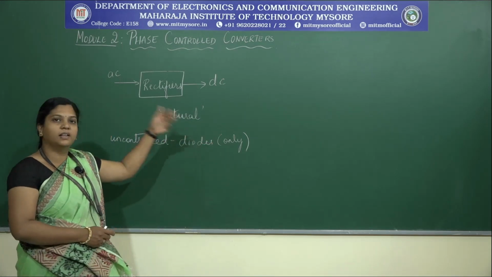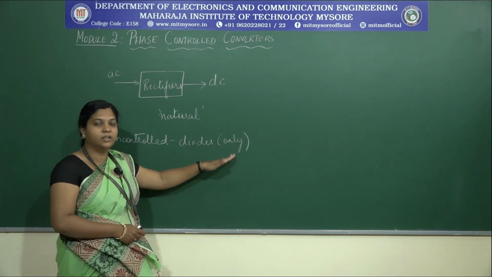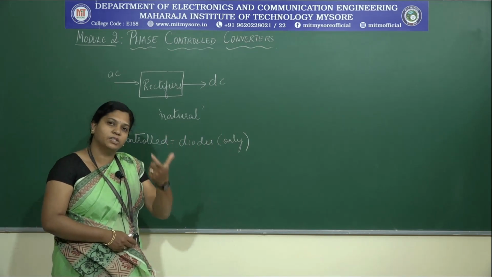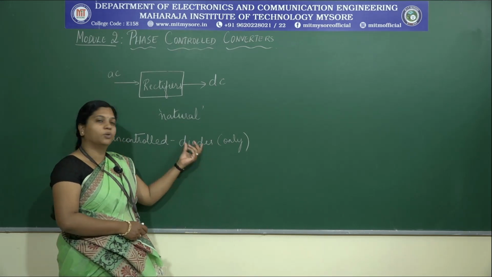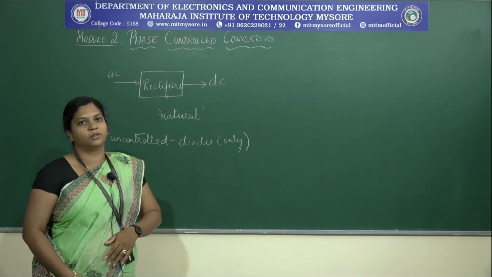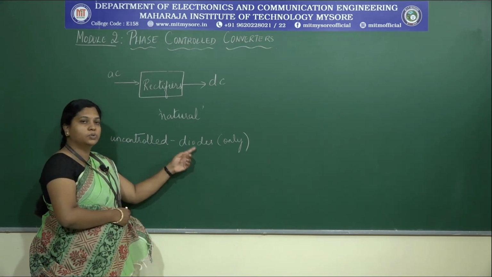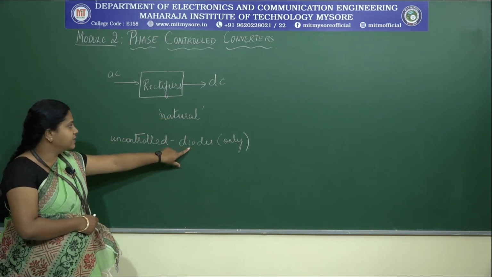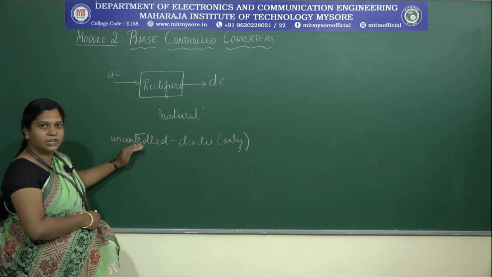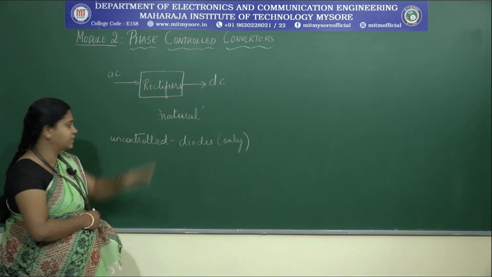Just positive cycle, it goes on, negative cycle, it goes off, but controlling is not done. So the power will flow from 0 to 180 degree. There will be a loss of power if you do not want the complete power from 0 to 180 degree. Okay. So if you are going to use only diodes in your rectifier circuit, then such type of classification is known as uncontrolled rectifiers. Is it clear?